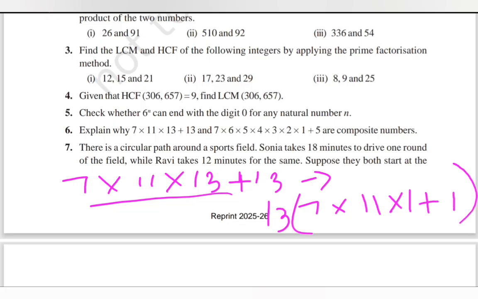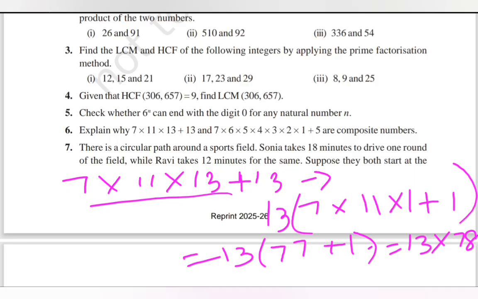Since we have taken 13 as common, in place of 13 we write 1. So this will be equal to 13 into 77 plus 1, which equals 13 into 78.